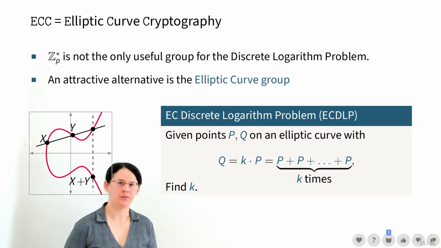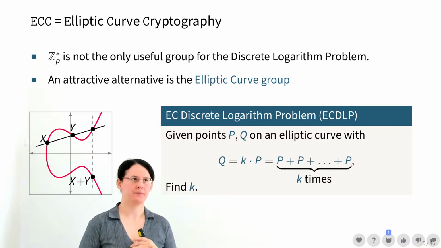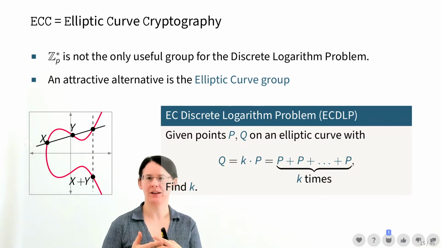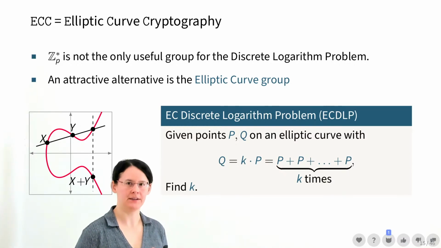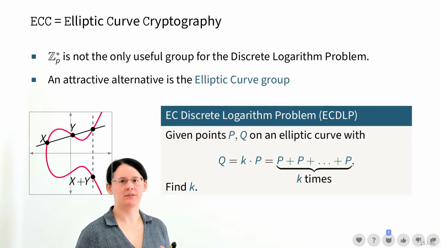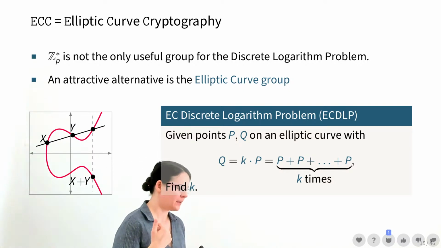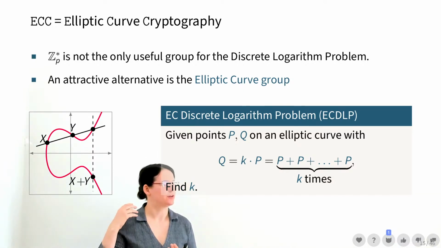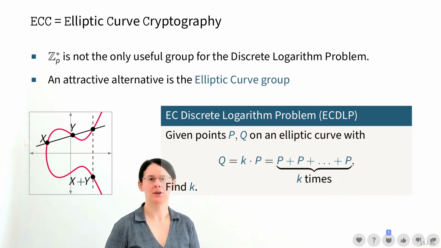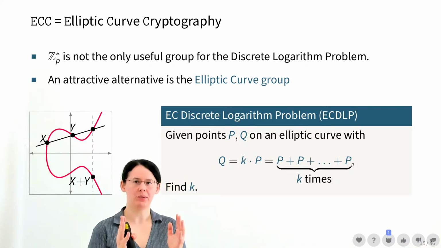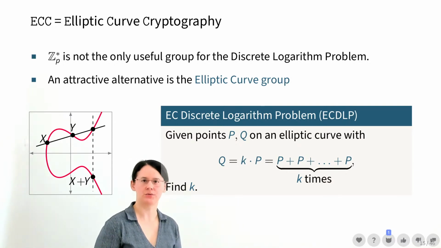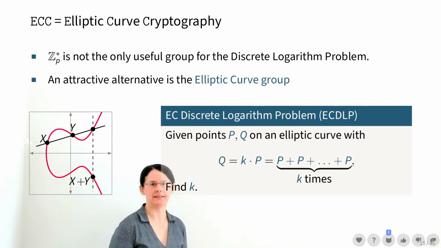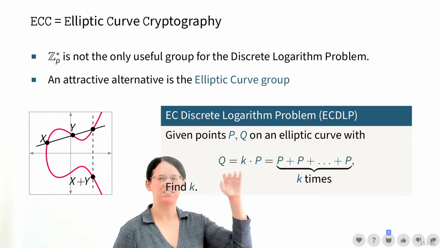But they're still very relevant because you can use them as a plug-in replacement for the modulo p arithmetic, wherever you would use that for a discrete logarithm problem. So whenever you have a discrete logarithm problem, you can instead use the elliptic curve discrete logarithm problem, which is called EC-DLP, which looks exactly as before.